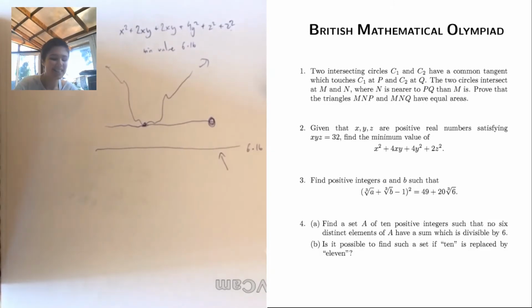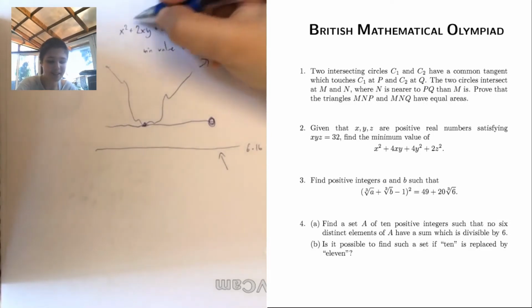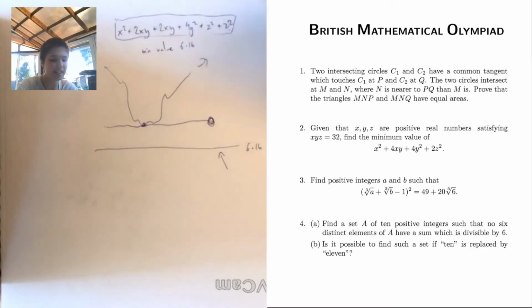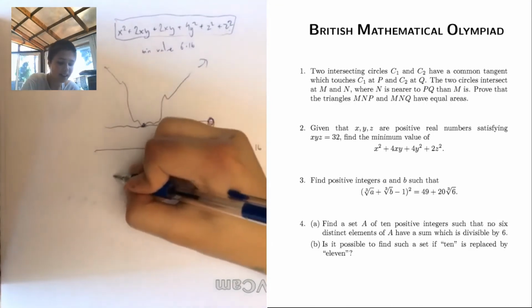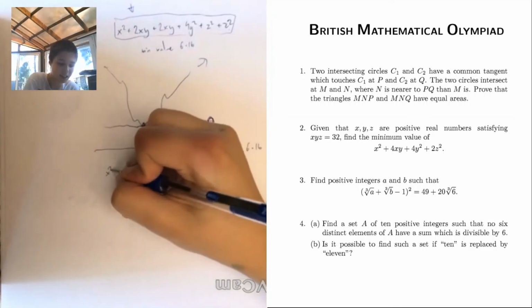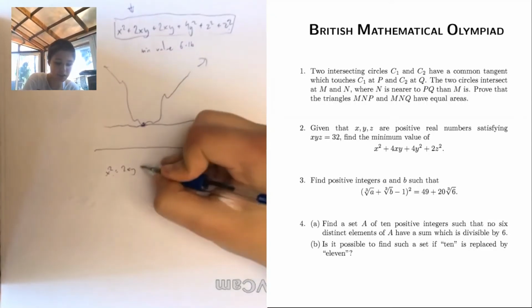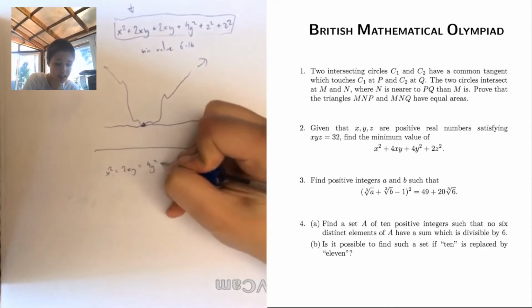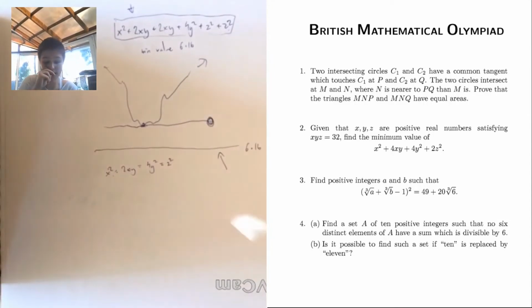Anyways, so how do you do this? Well, AM equals GM is when the minimum value is reached, and this only happens when all of the summed things are equal. So when x squared is equal to 2xy is equal to 2xy is equal to 4y squared is equal to z squared, which is equal to z squared.